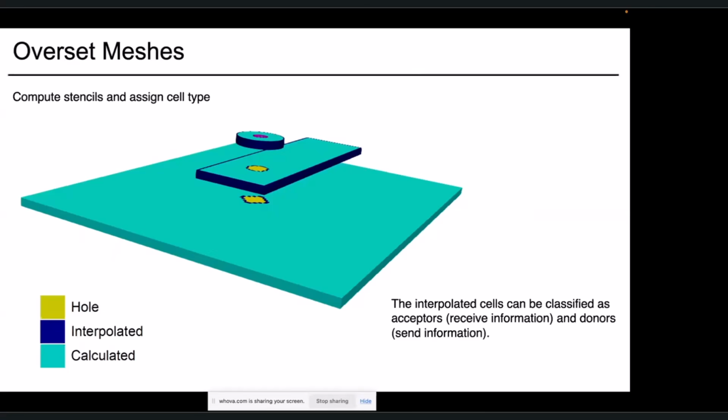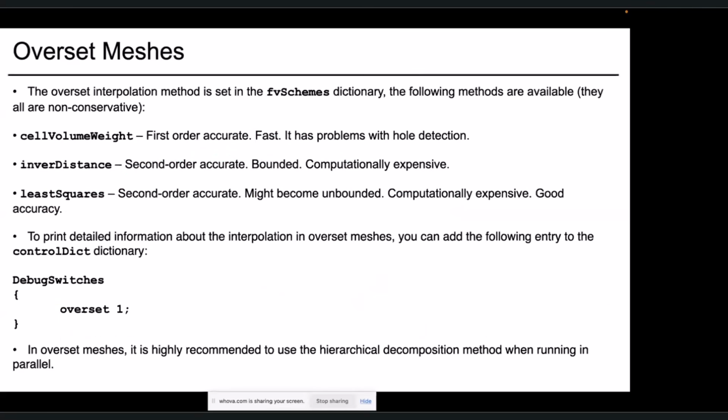One is acceptor, which receives information from the other cells during the interpolation, and the others are donors, which send information while interpolating. Now, the most important part is the numerics, which are considered in this overset mesh motion strategy. As you already know, we have different levels of interpolation involved, so we need some interpolation method, which we define in the FV scheme directory.